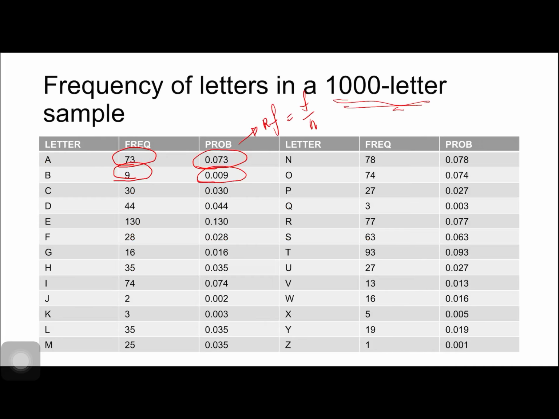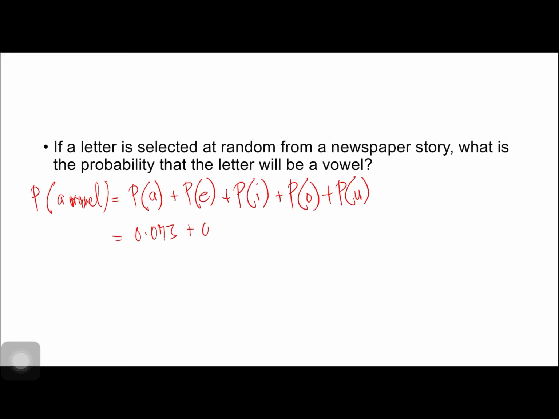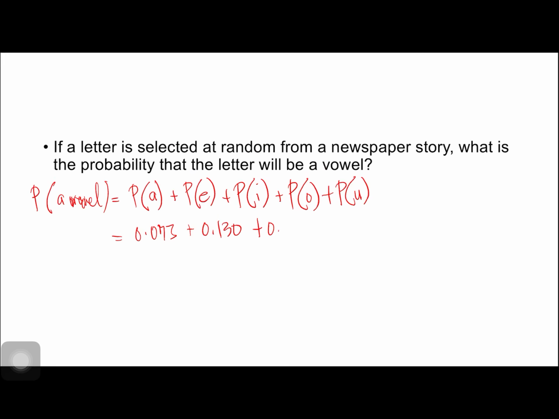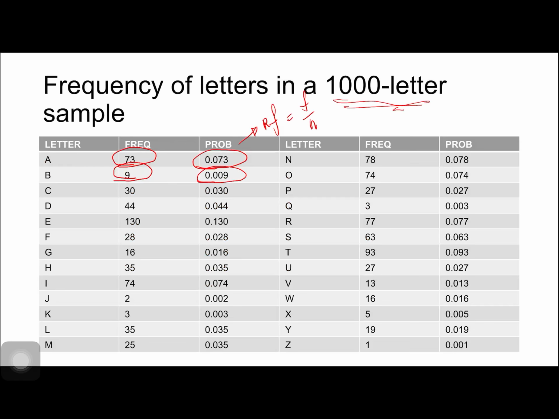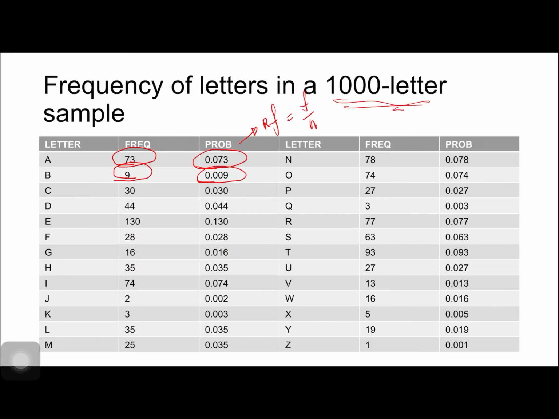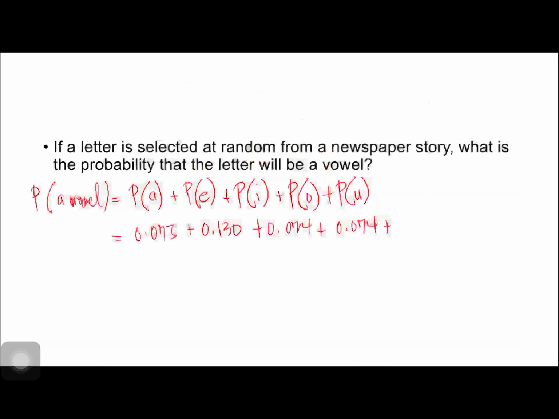For the probability of E, we have 0.130. Then for the probability of I, we have 0.074. Plus the probability of O, we have 0.074. And for the probability of U, we have 0.027.